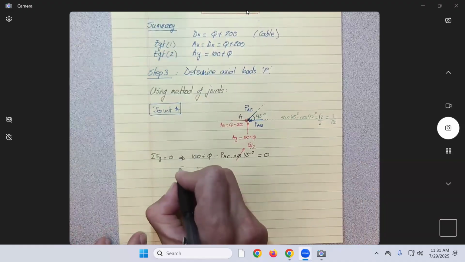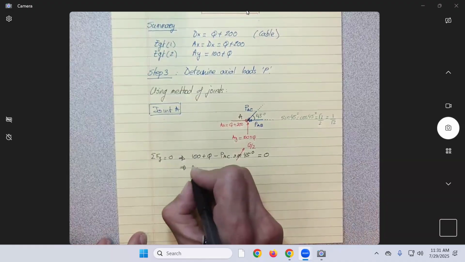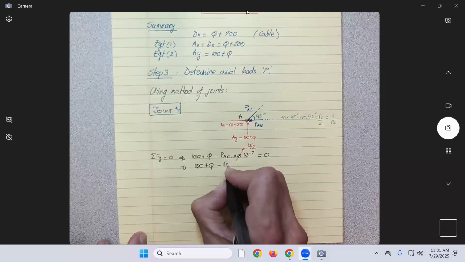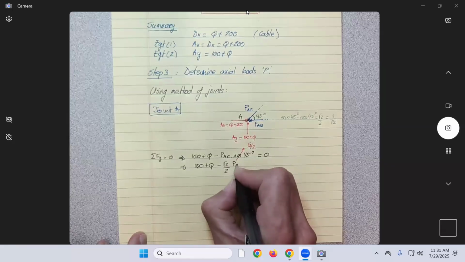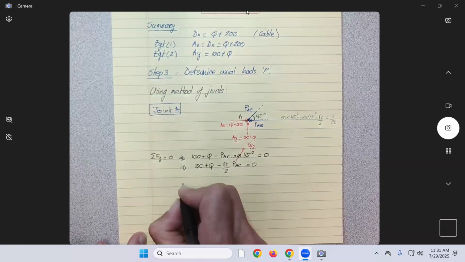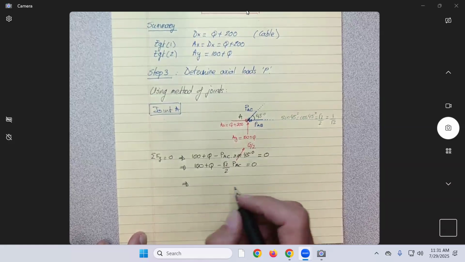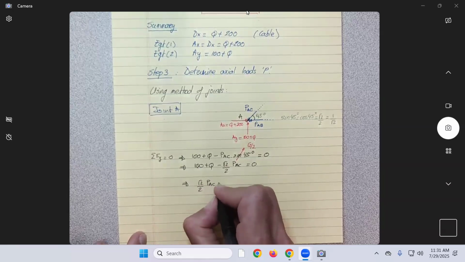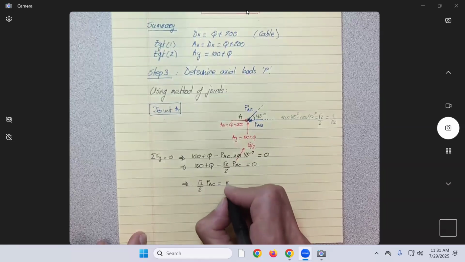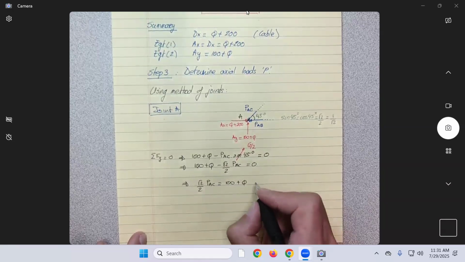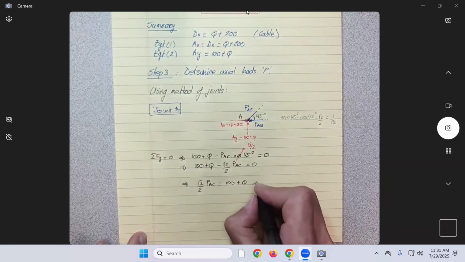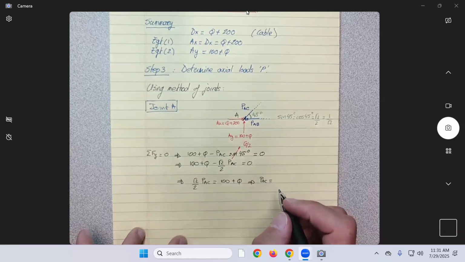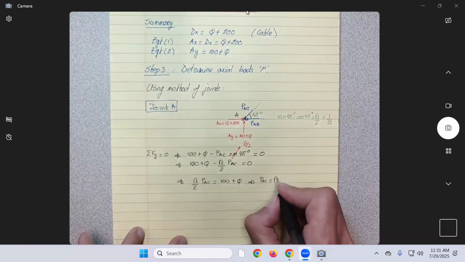So here we're going to get that 100 plus Q minus square root of 2 over 2 PAC equal to 0. This is going to give us that square root of 2 over 2 PAC equal to 100 plus Q. Or from here, we're going to get PAC equal to, let's see, square root of 2.